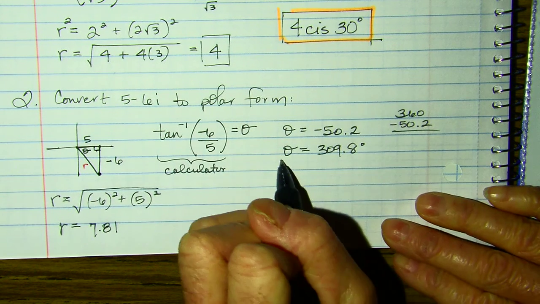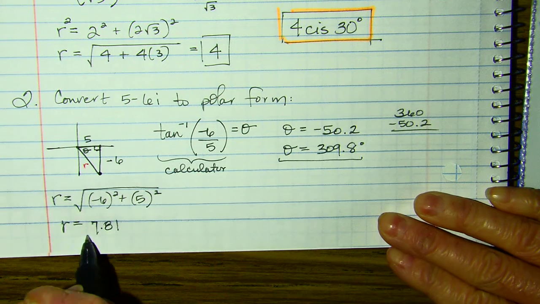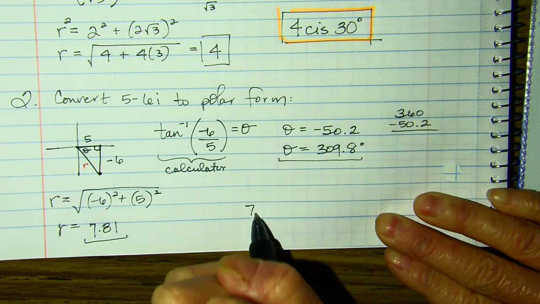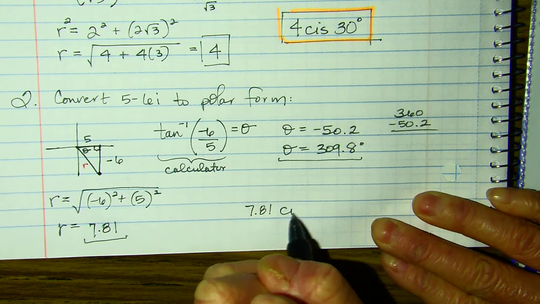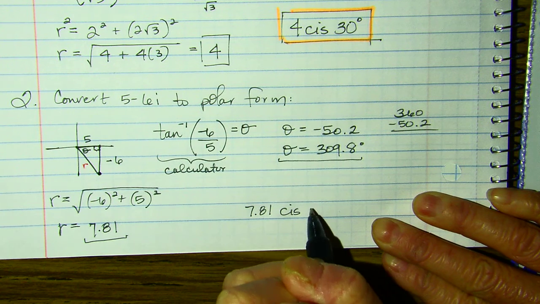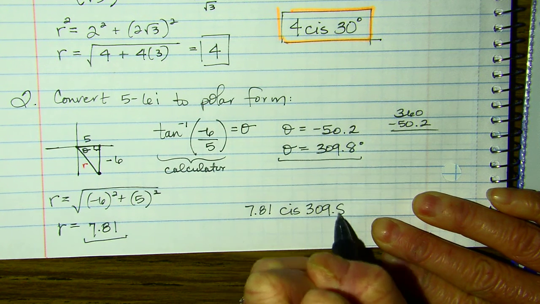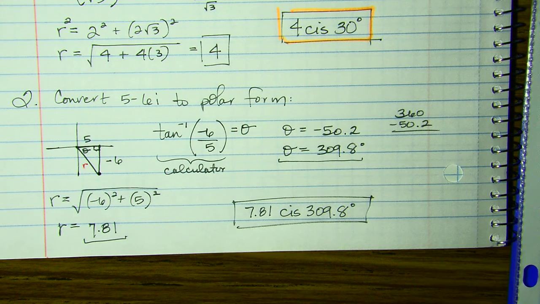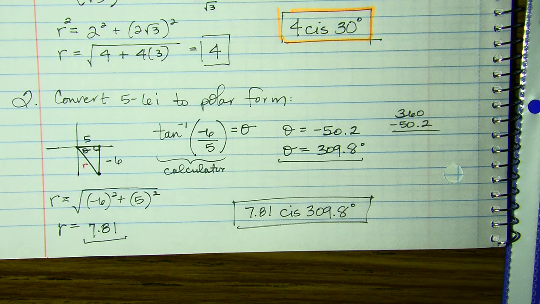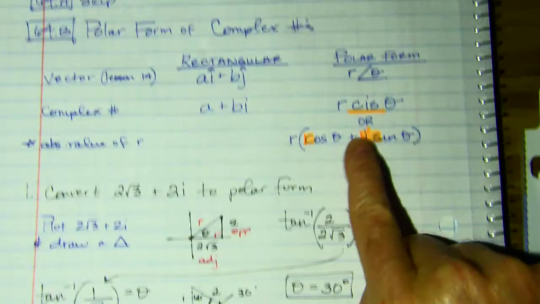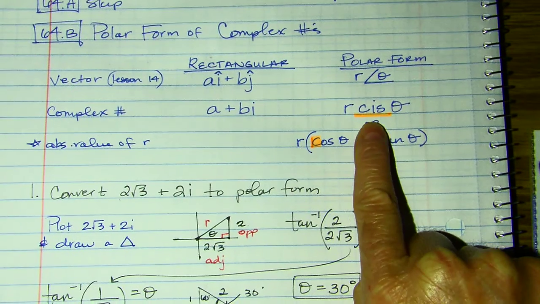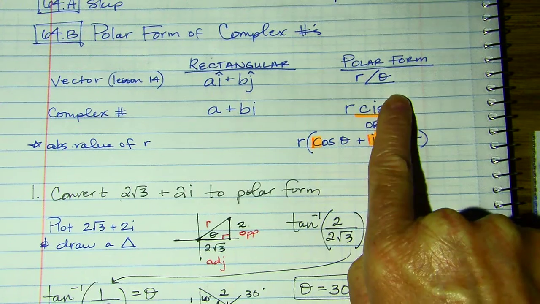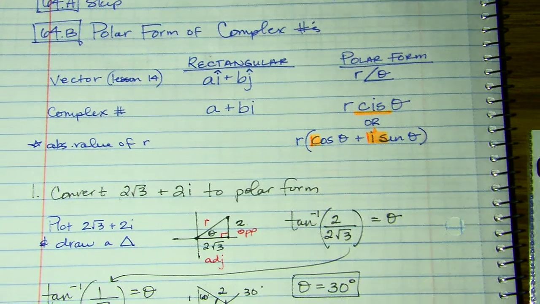So I have theta, I have r, so 7.81 CIS, cosine i sine, 309.8 degrees. Okay, and if you're wondering where I'm getting these nice little letters, hold on, my screen locked me out. In our notes, it's r CIS theta, and I'm choosing the abbreviated form versus the long form.